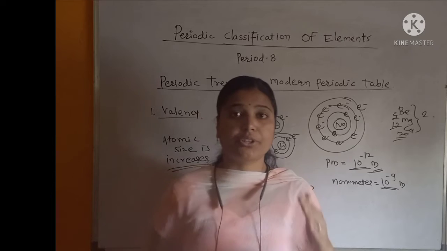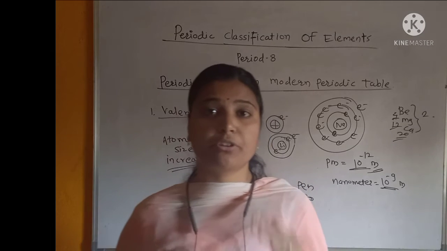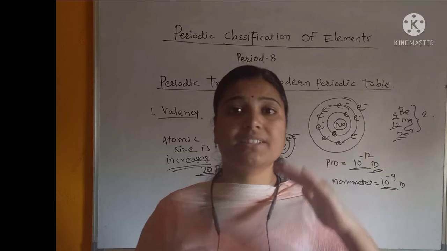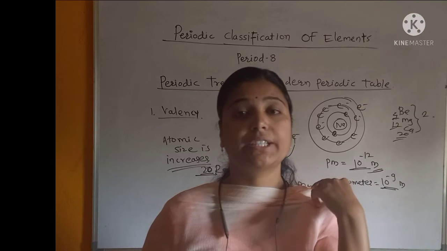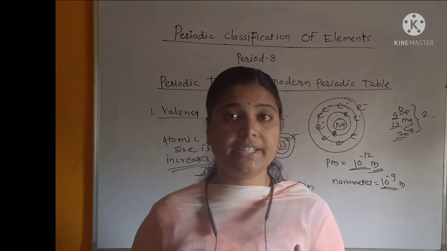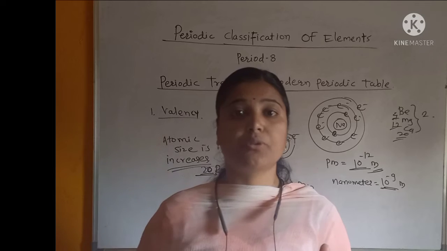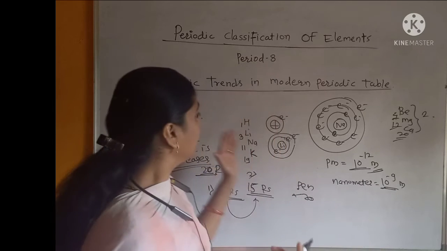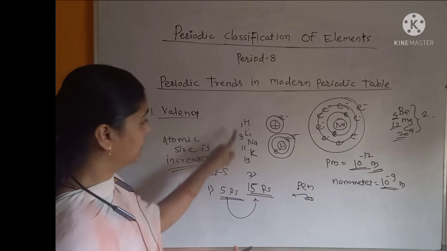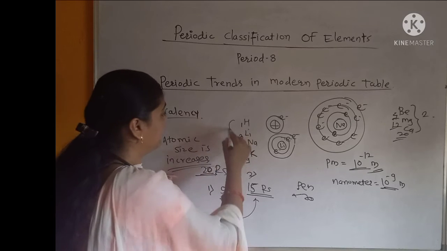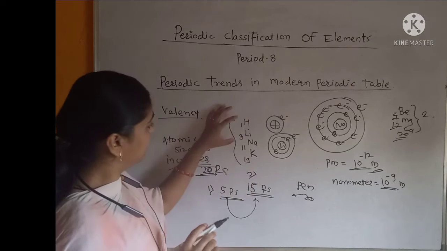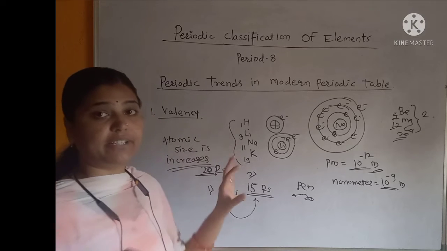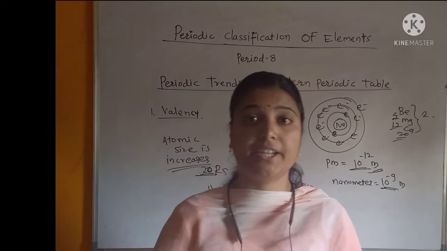Hence, when we think about the atomic size of the elements along the groups, the atomic size also increases. Why does it increase? Because the orbits around the element increase, and orbits increase because the atomic number changes very largely. The difference between these atomic numbers is 8 or 2, so the atomic number increases by 8 or 2.